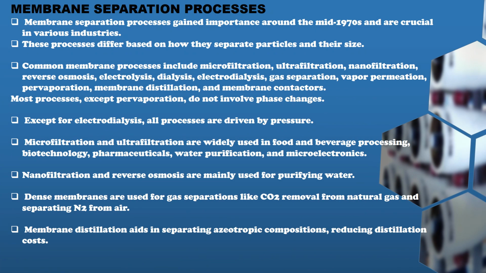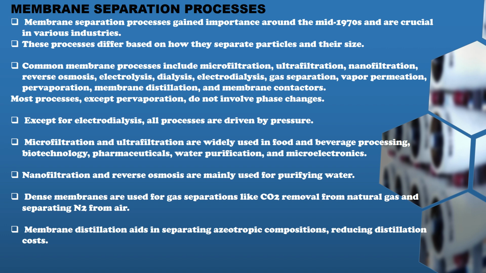The next one is membrane separation processes. Membrane separation processes gained importance around the mid 1970s and are crucial in various industries. These processes differ based on how they separate particles and their size.